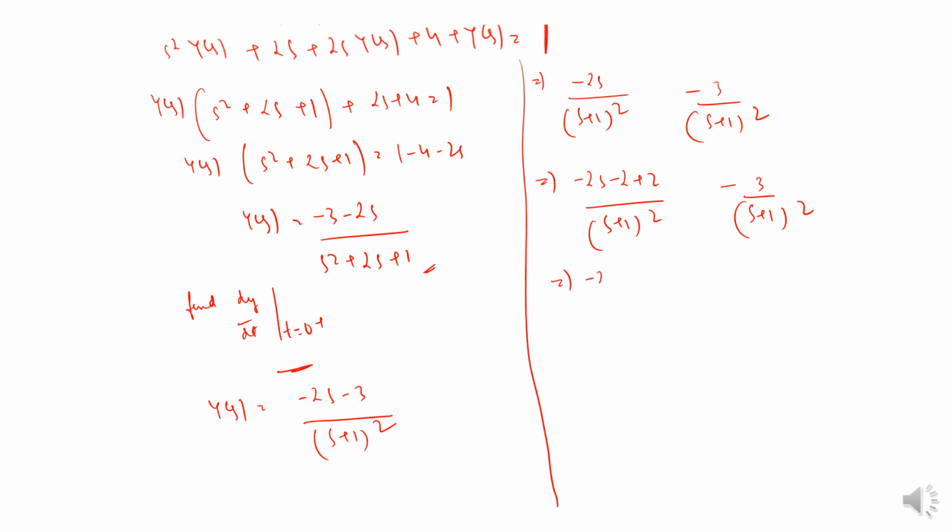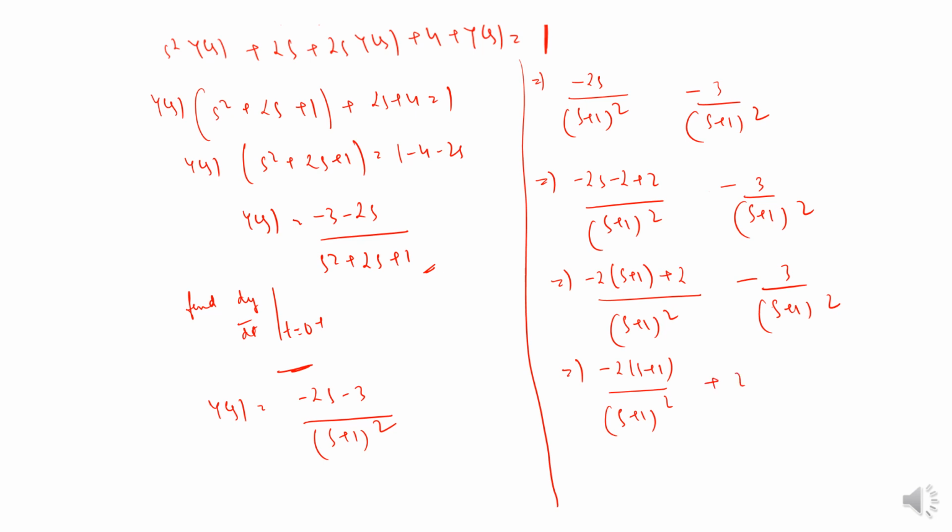If I take minus 2 common, it is minus 2 into s plus 1 by s plus 1 whole square plus 2 by s plus 1 whole square minus 3 by s plus 1 whole square. So this gets cancelled, and it is minus 2 by s plus 1 minus 1 by s plus 1 whole square.